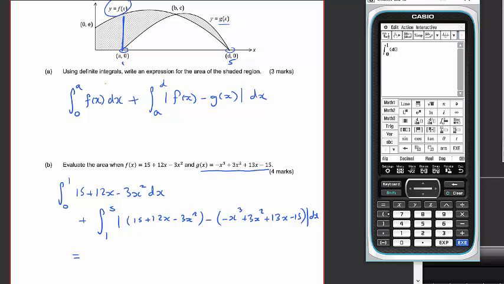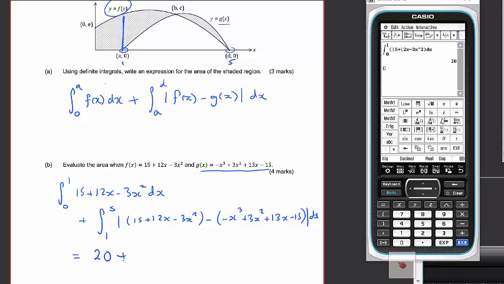And that is going to be the 15 plus 12x minus 3x squared dx. So that's going to give me 20.